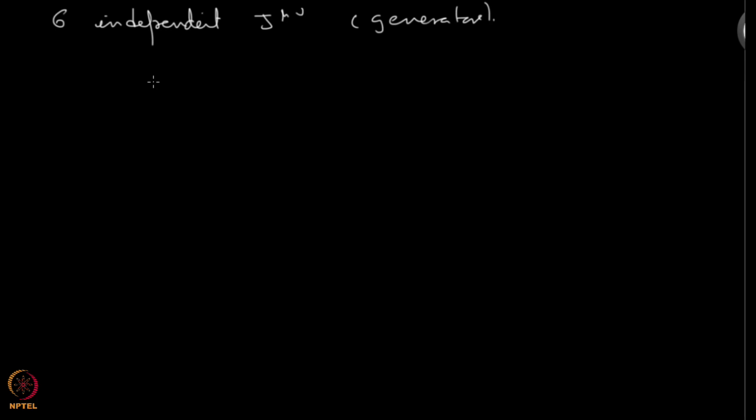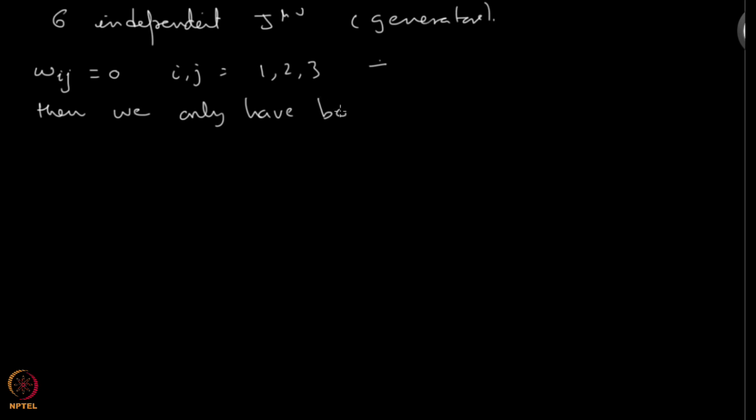So, obviously, we are talking about proper orthochronous transformations. And if you put ω_ij equal to 0, where i and j run from 1 to 3, then we are only talking about boosts. Okay. I think that is clear.